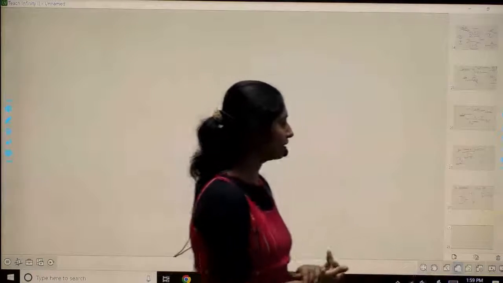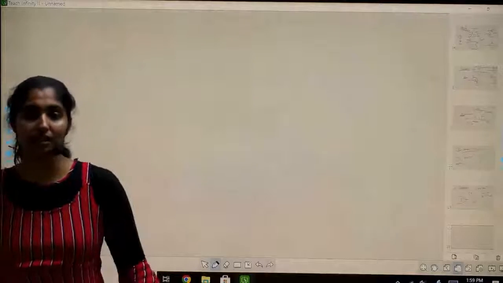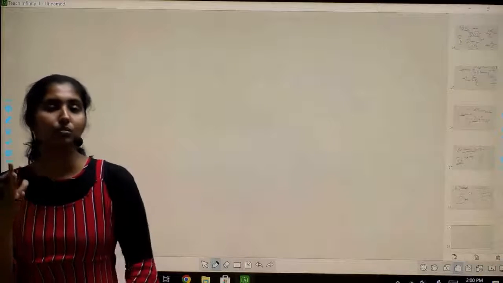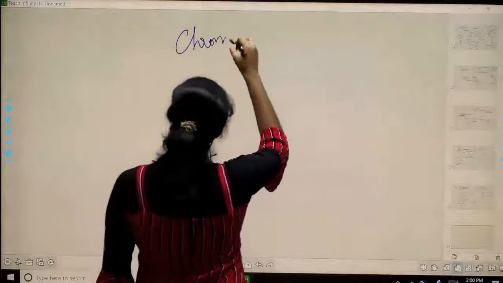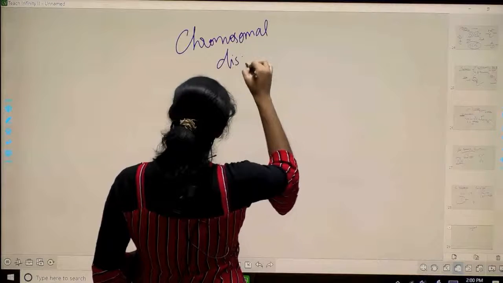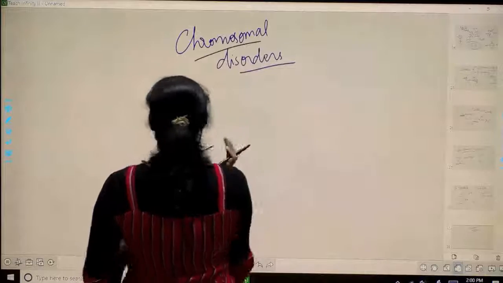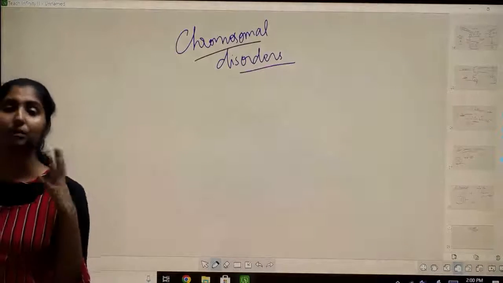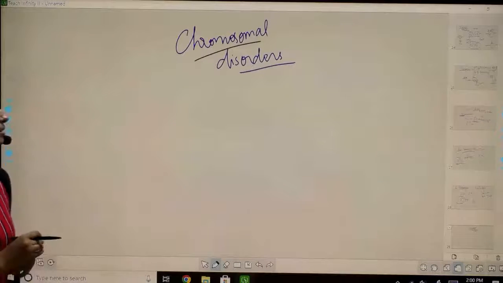Now we looked at some of the disorders caused by X-linked recessive disorders, as well as autosomal recessive disorders. Now let's look at chromosomal disorders. Chromosomal disorders result when there is improper cell division during meiosis.